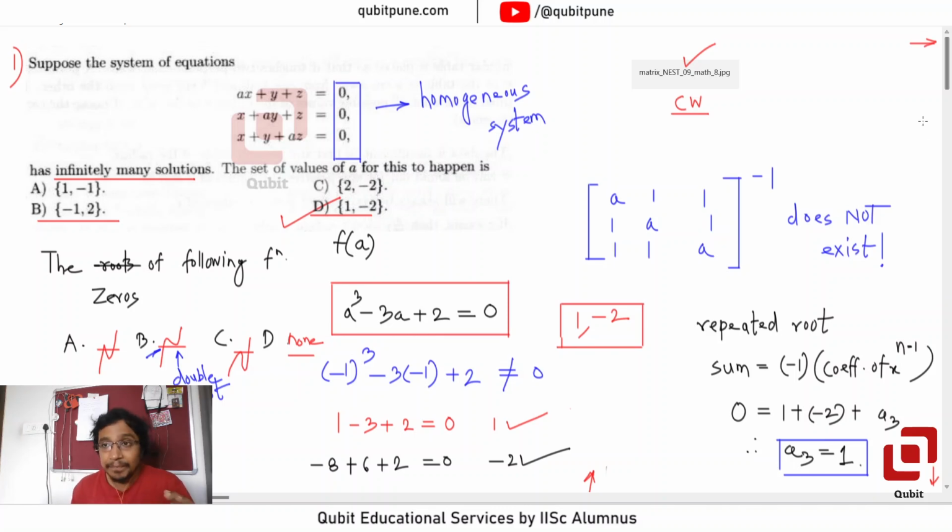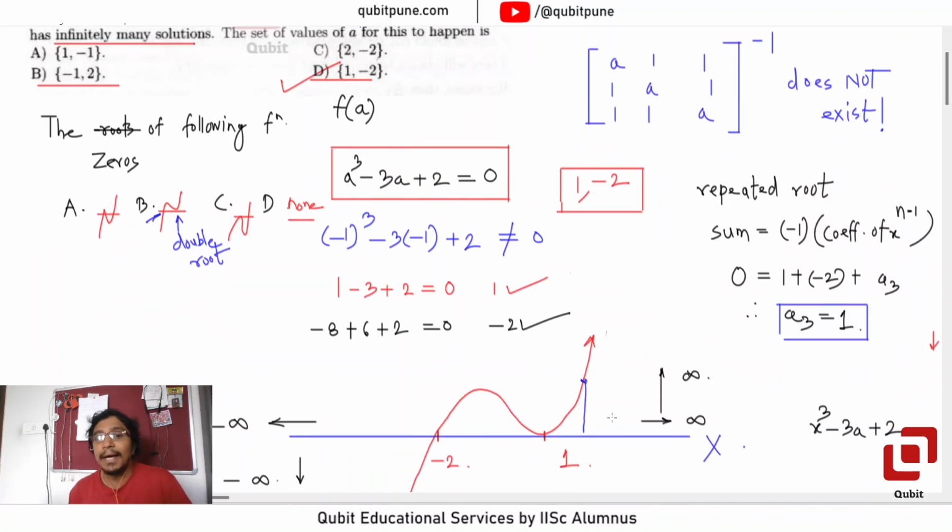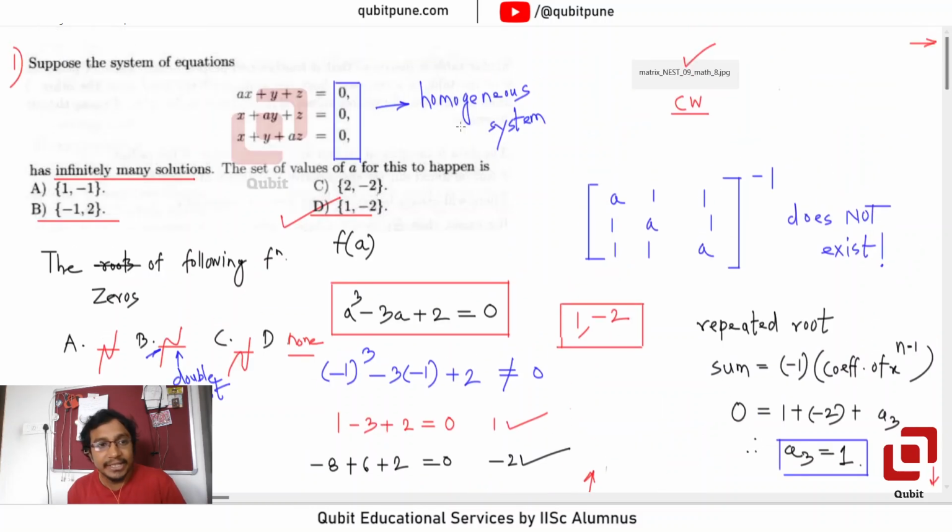My question is, if suppose I take a value of x or a which is neither 1 nor minus 2, what could be the nature of the solutions? Will it have infinitely many solutions still, or will it have unique solution, or will it have no solution?